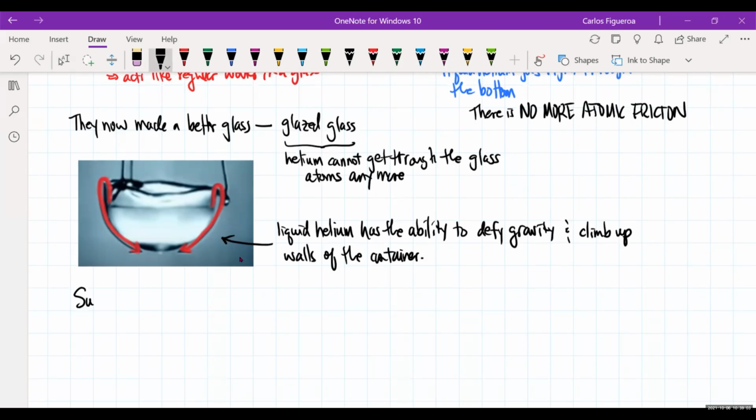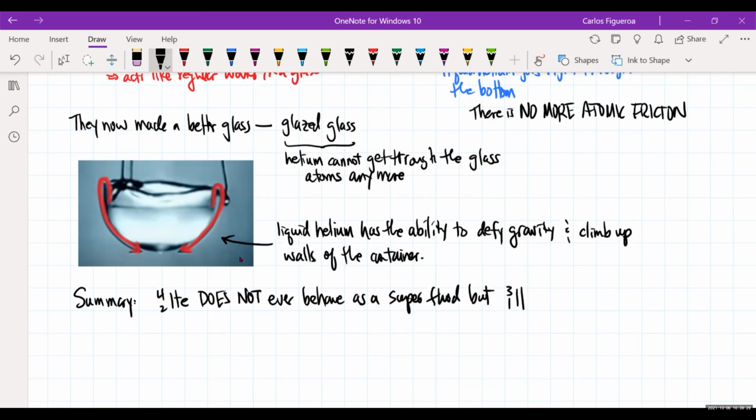So my point, in summary: helium-4 does not ever behave as a superfluid, but helium-3 does.